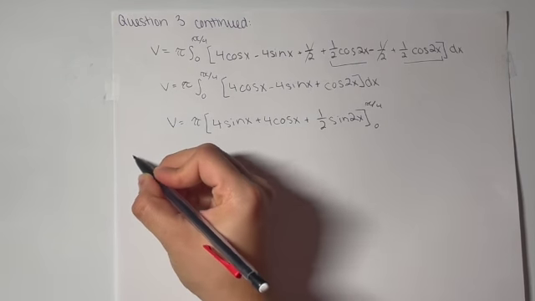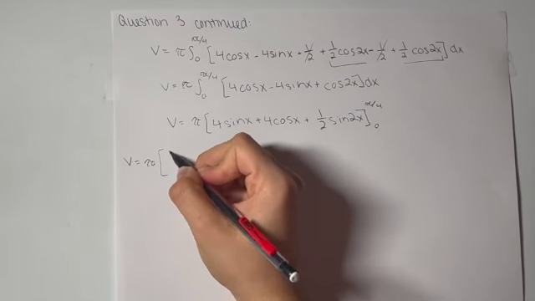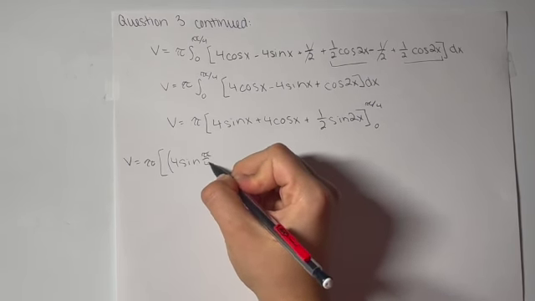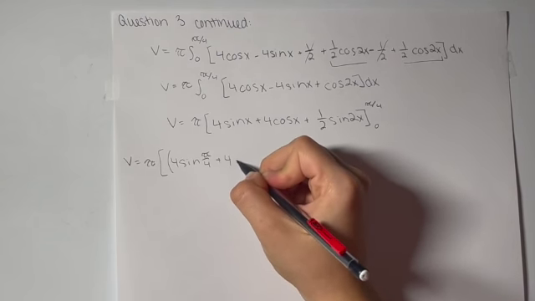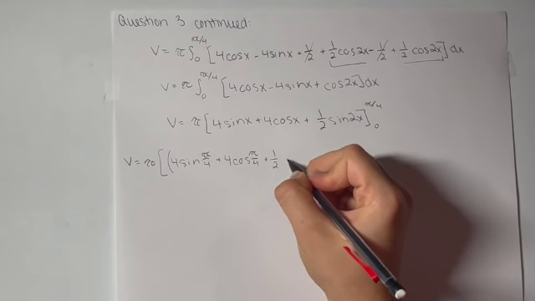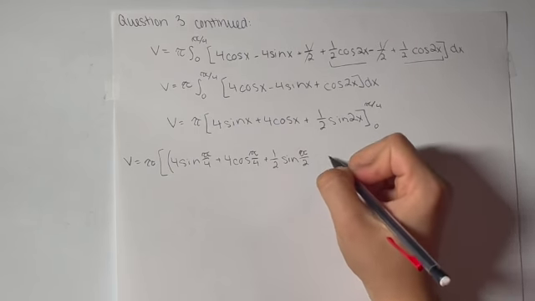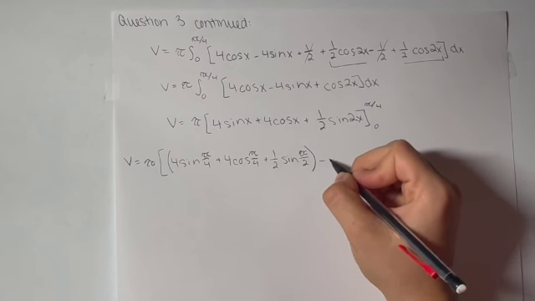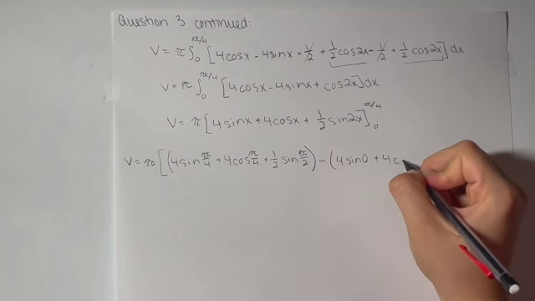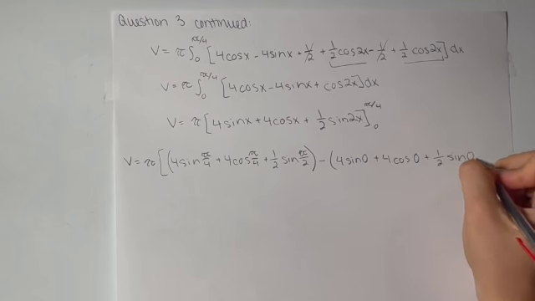Plugging this in, we will get V is equal to pi times (4 sine pi over 4 plus 4 cosine pi over 4 plus 1/2 sine pi over 2) minus (4 sine of 0 plus 4 cosine of 0 plus 1/2 sine of 0).